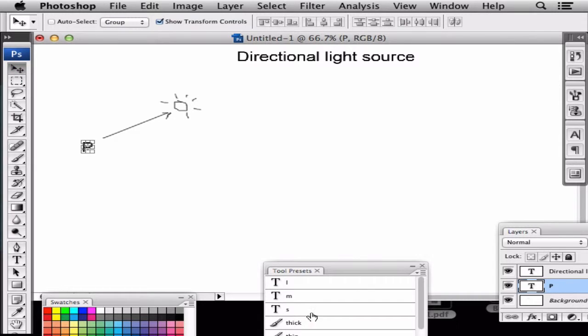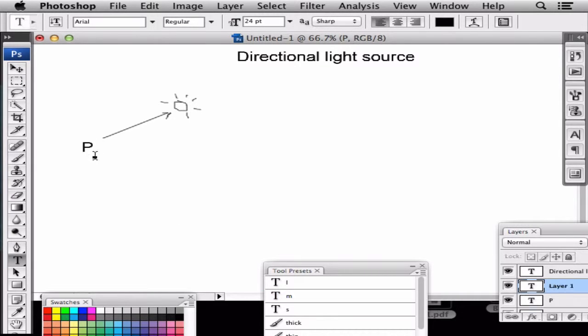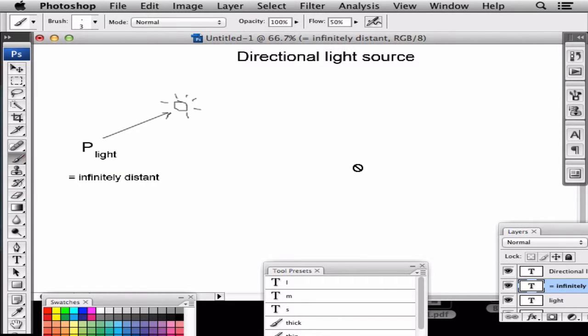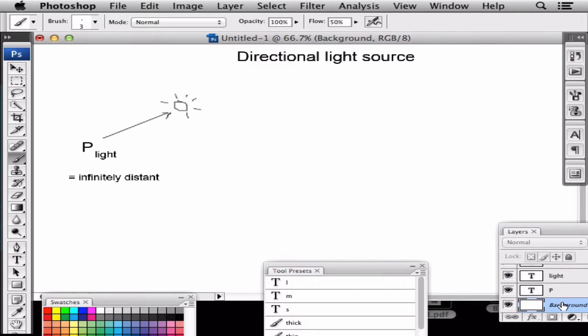So the position of the light, we call that P. That is infinitely distant, so we don't use it in the calculation. Let's draw a few beams here.